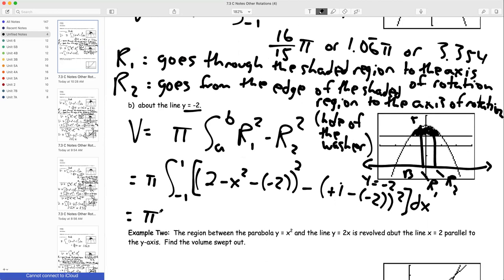So we have pi times the integral from -1 to 1. I've got 2 minus a -2. So that's going to give me 4 minus x squared, and then that's squared. Here I have 1 plus 2, which is 3, and 3 is squared.